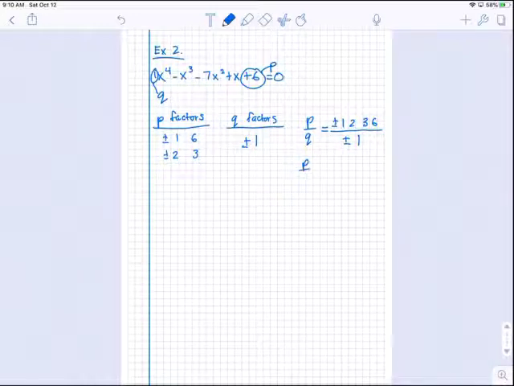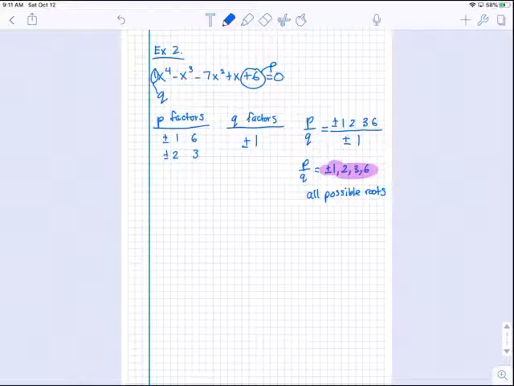So P over Q is going to equal 1 over 1, which is just plus or minus 1, 2 over 1, which is just 2, 3 over 1, which is 3, and 6 over 1, which is 6. So all of this is all our possible roots. Now again, it's like a game, right? Which one of these is the root to our polynomial?